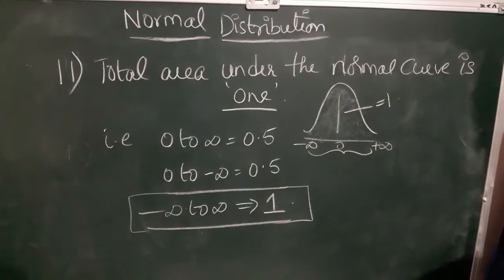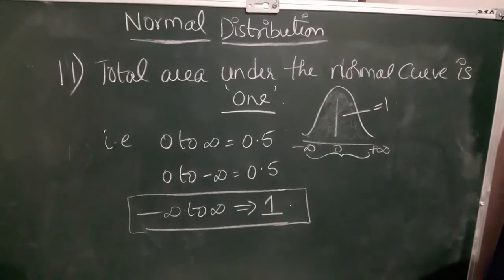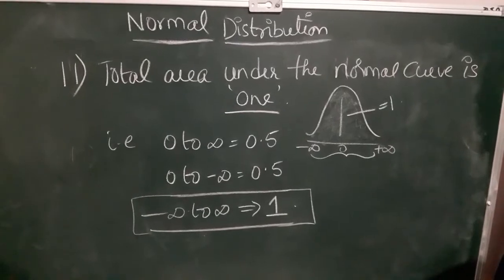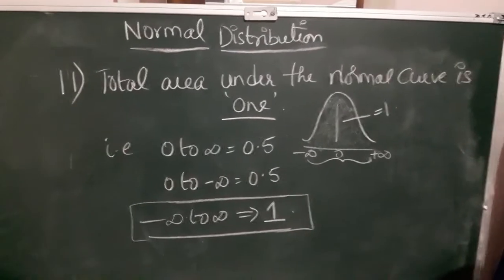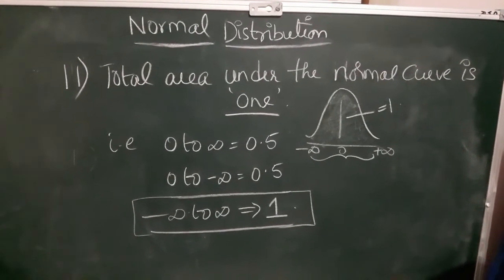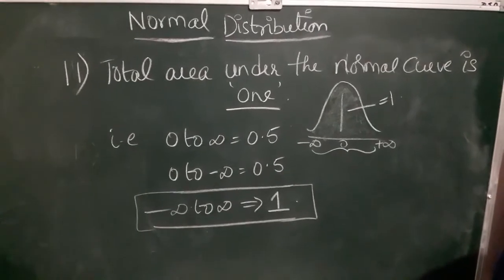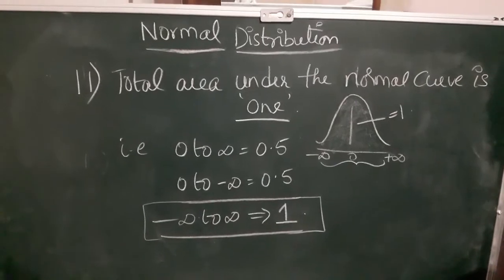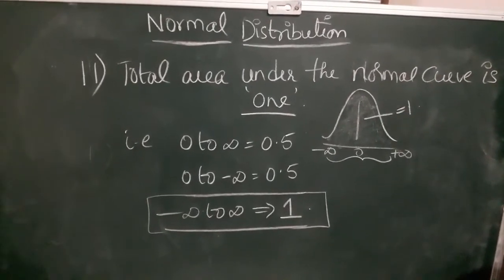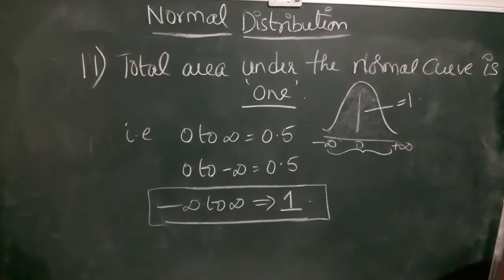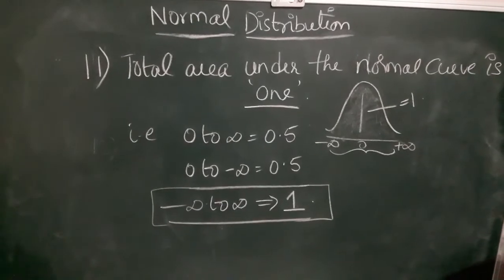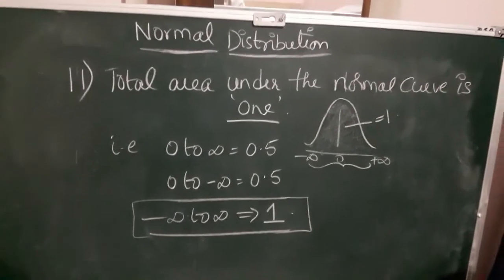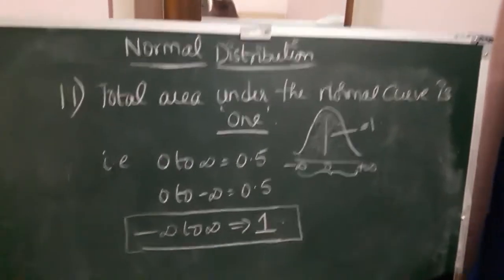Initially I showed you the probability curve. The probability is 1 between minus 3 and plus 3 sigma, right? And the area covered within plus or minus 3 sigma is 99%, that is 0.9999, approximately equal to 1.